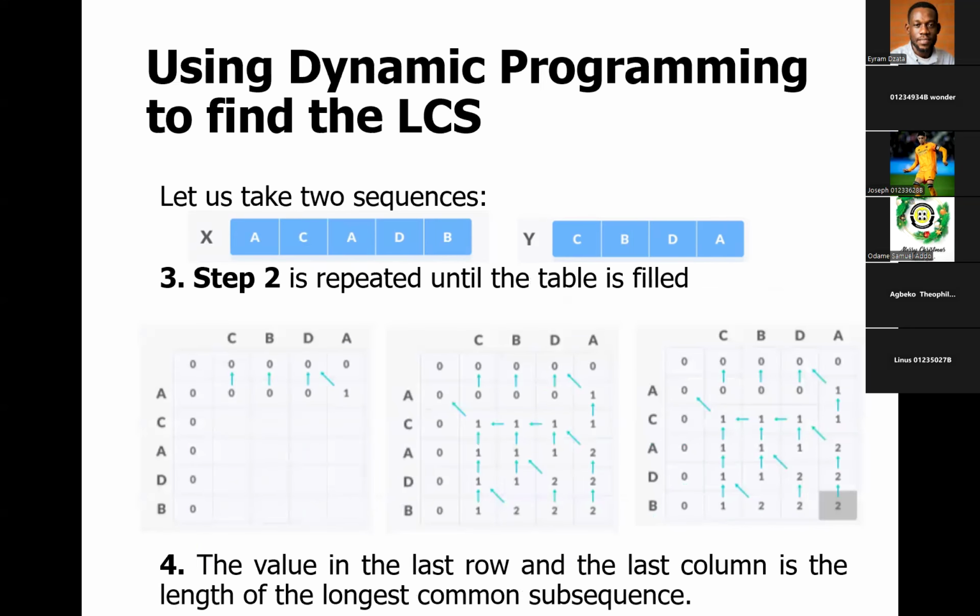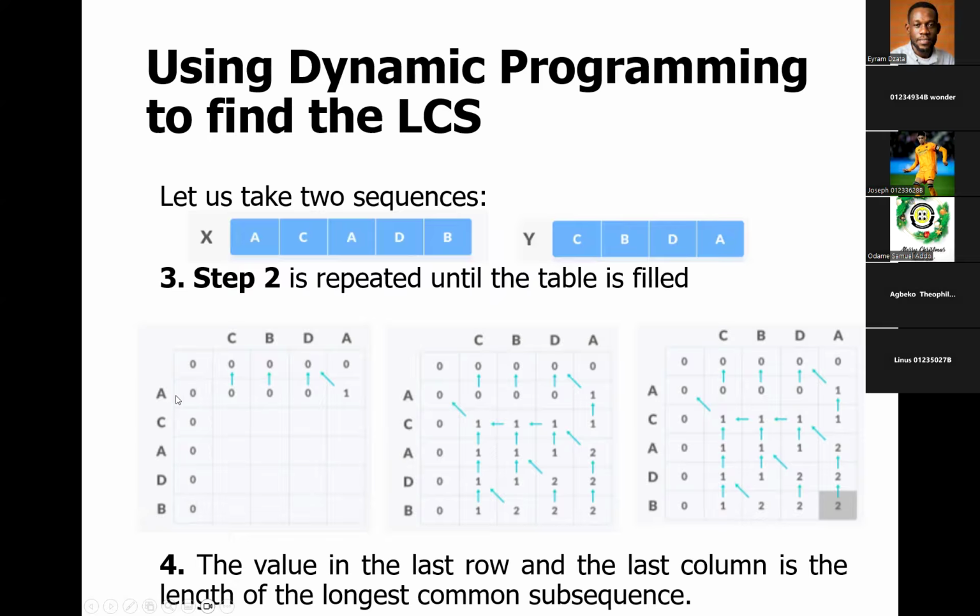All right, so step 3. So we have to repeat step 2. Okay. So the whole table is filled. Now, this is what it's trying to say in step 2.